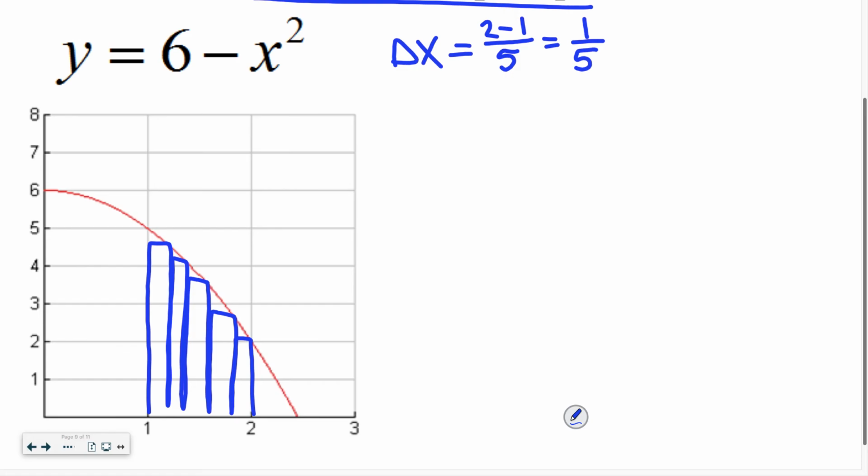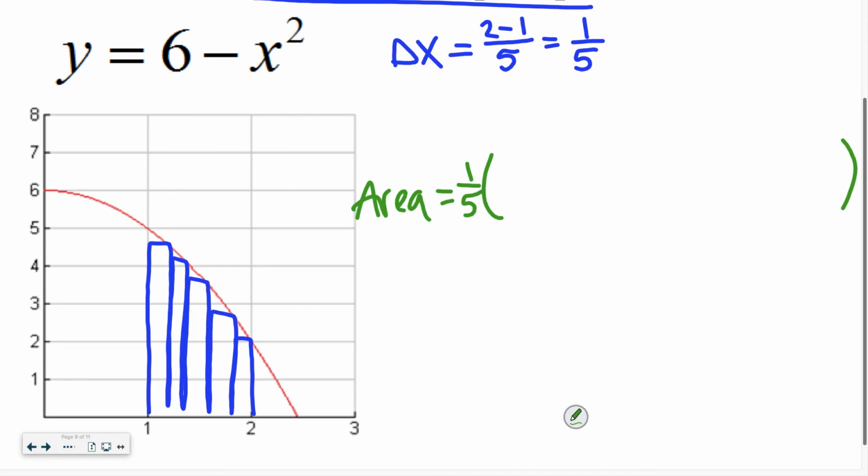Now you don't technically need the picture to do this. What we know is that our area is, well, we have 5 rectangles. And how wide are they? 1/5. So we know we have 1/5 times the height, plus 1/5 times the height, plus 1/5 times the height, plus 1/5.